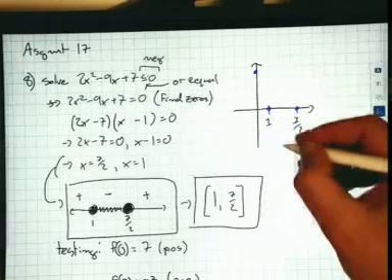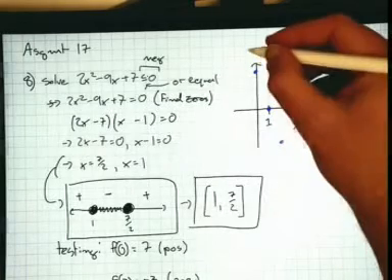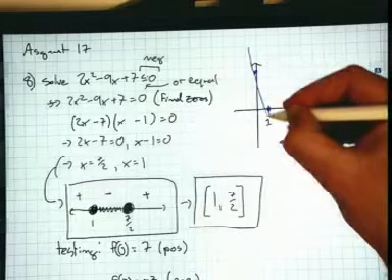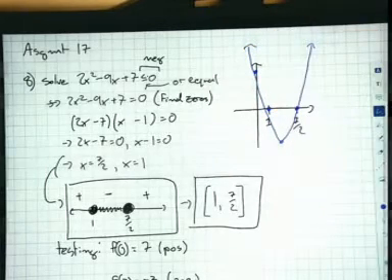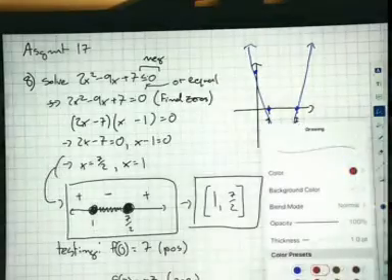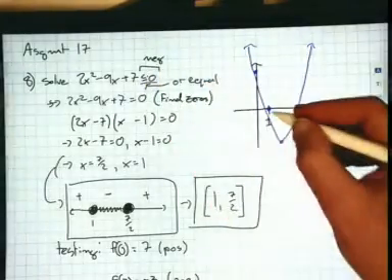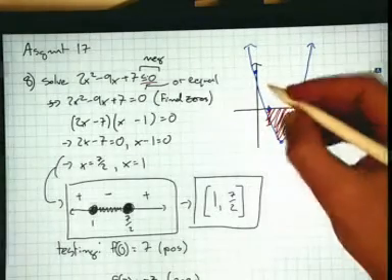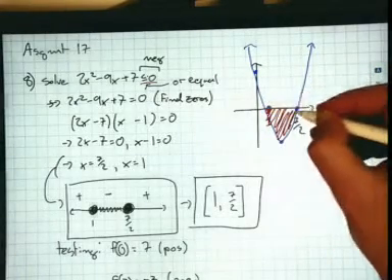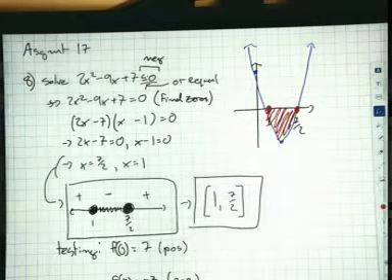If we did a little bit of work, we could find the vertex. So our graph would look something like this. And when is the graph below 0? When is the graph less than or equal to 0? It's less than or equal to 0 in this shaded region from the 1 to the 7/2.